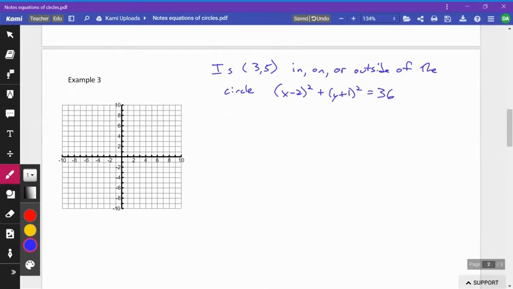Now, what a lot of kids will do is they'll try and graph this, okay? They'll say that the center is 2, -1, okay? The radius is going to be 6.